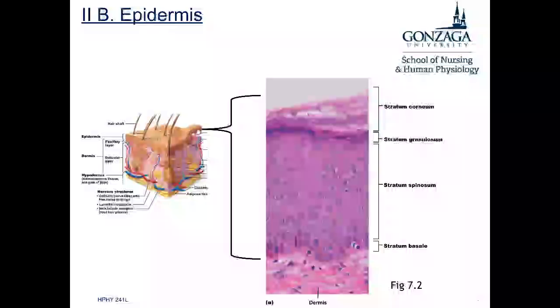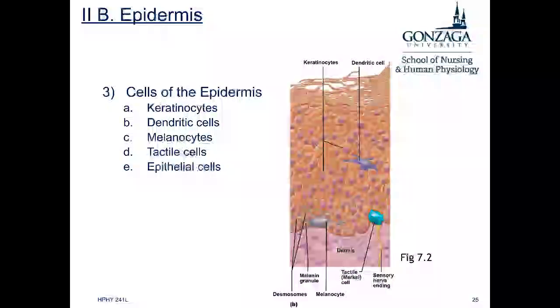Okay, so if we think about how our skin grows, and we all know that we shed skin, this layer down here is where new cells are forming, and as they grow, they migrate outwards, and as they get closer to the surface, those cells are primarily dead, and then we slough them off in the form of this stratum corneum.